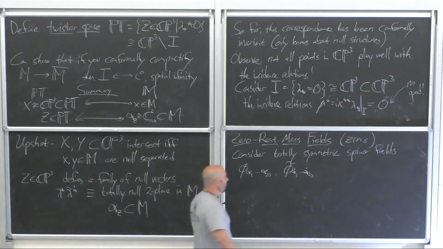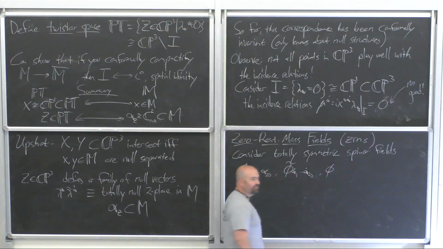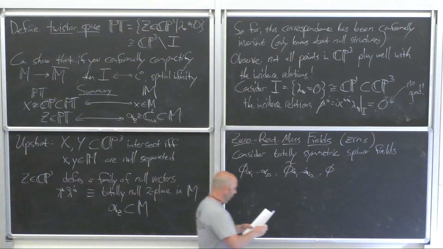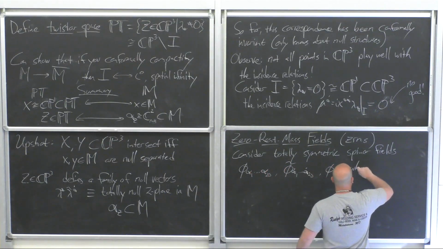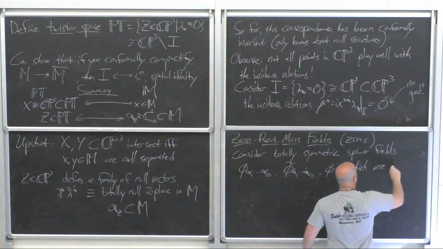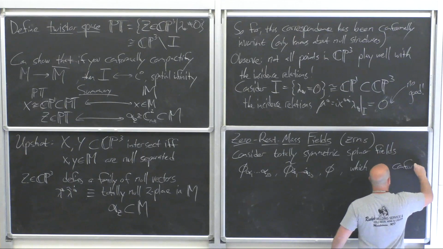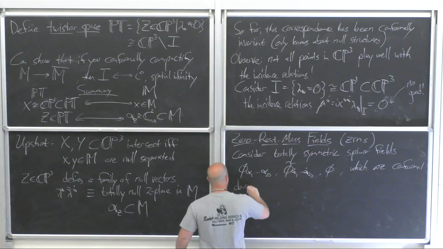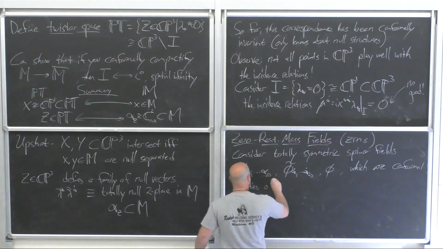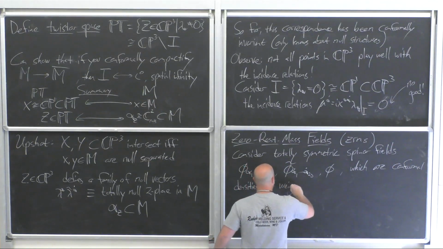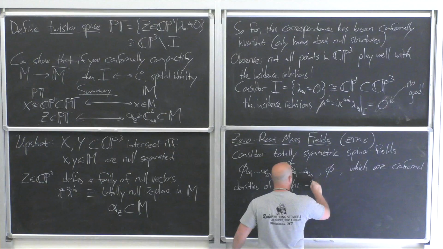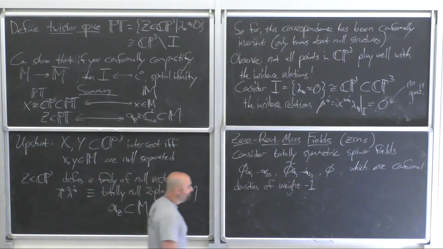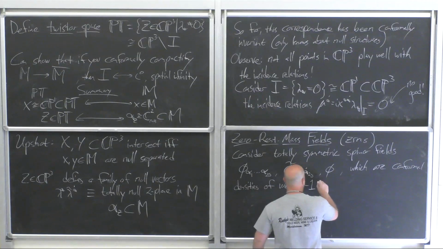Or they could have no spinor indices, in which case they'd just be a scalar, phi. And we're going to ask that these things are conformal densities of weight minus 1. That's just a fancy word for how they transform under a conformal rescaling.